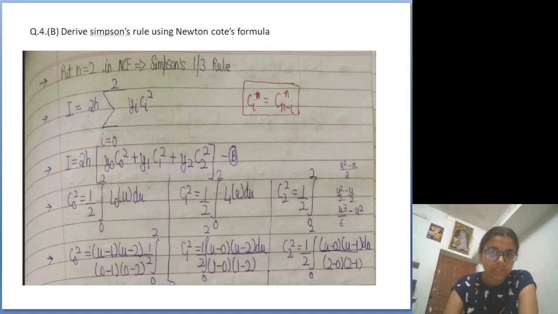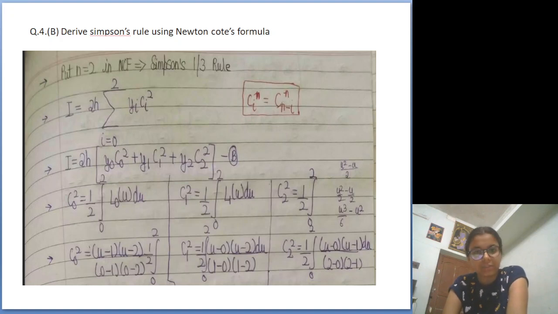And so you can see that C20 is equal to half integration of L0 u du, C21 is equal to half integration from 2 to 0 of L1 u du. So as you can see, the whole term is expanded. On to the next part.